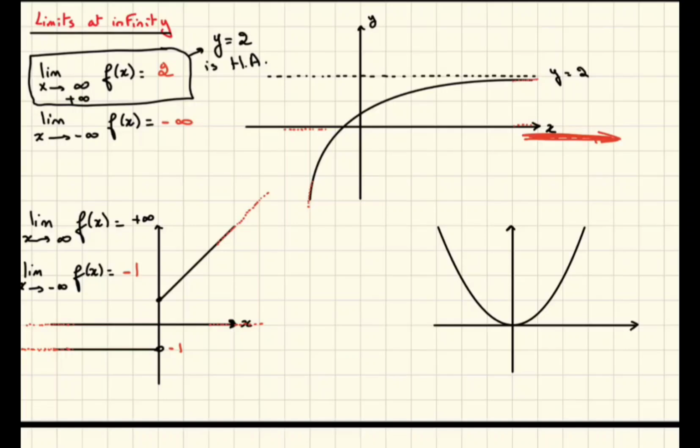Now, if I look at the third figure, what's happening when the x values are increasing? I can see that the graph is increasing in this way. So limit as x approaches plus infinity, or infinity in this case, will be plus infinity. And limit as x approaches negative infinity, I will check what's happening.